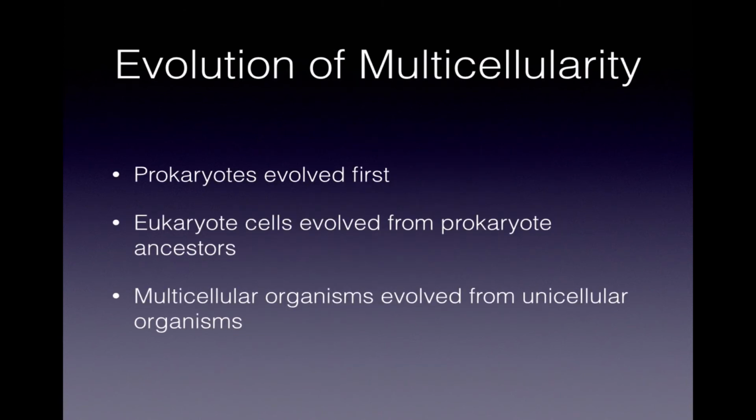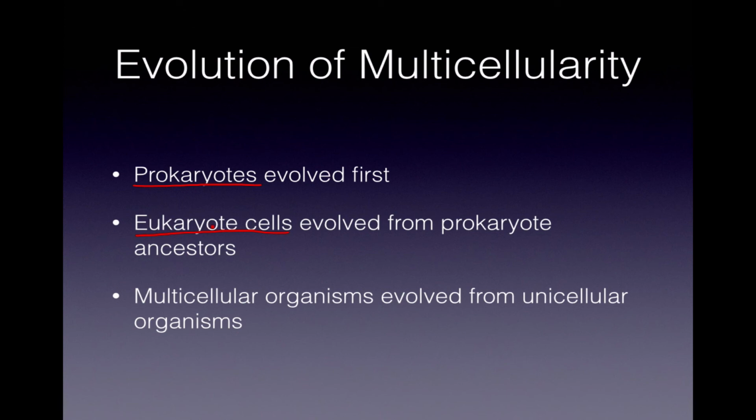Now, life on Earth isn't just about single cells. Cells have evolved the ability to live together and produce larger organisms. We call this multicellularity. So generally, the evolutionary process we follow here is we start with prokaryotes. Then from prokaryotes we evolve eukaryotes, which are more complex.